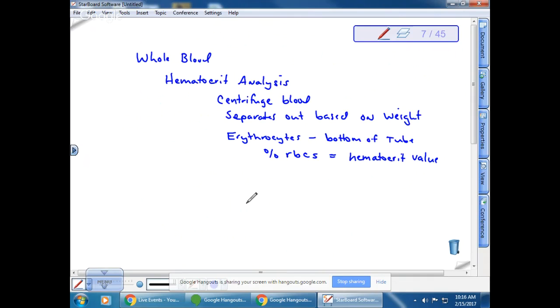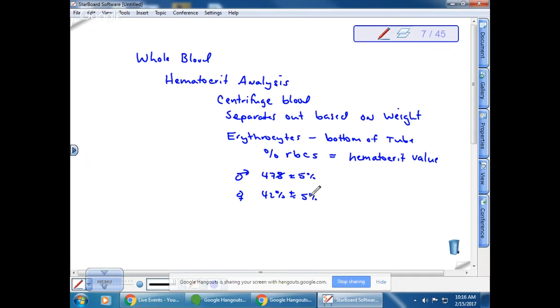When we look at the differences between males and females, in males it's about 47% plus or minus 5%, and in females it's 42% plus or minus 5%.